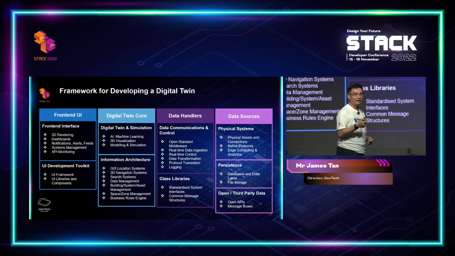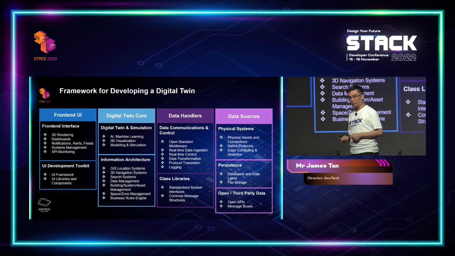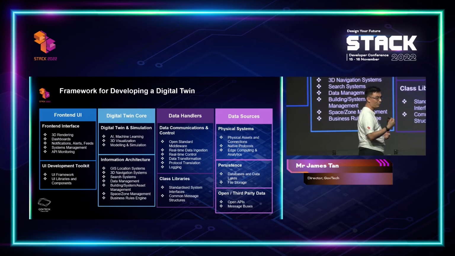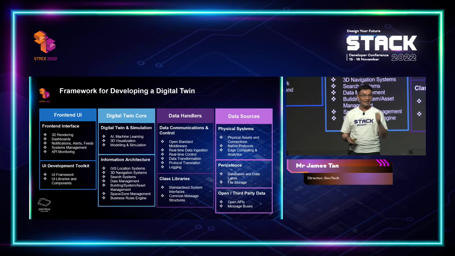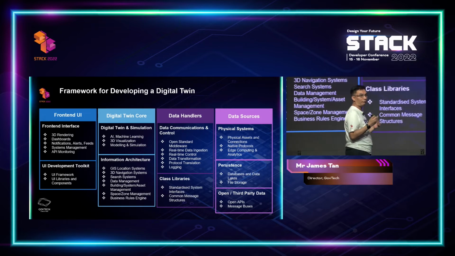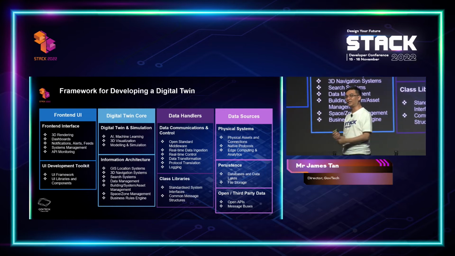And data handling is one of the most important components within the digital twin, because the digital twin is not just 3D, right? It's also about data ingestion. With so much data coming from different sensors, different assets, you need a very powerful data handler. If you just use the platform out of the box, you might very fast discover that it cannot scale.